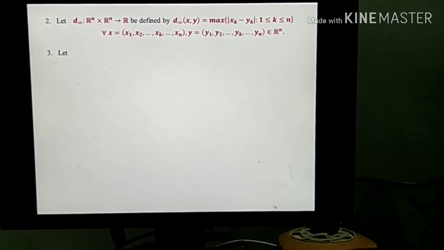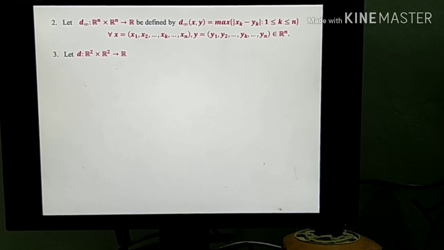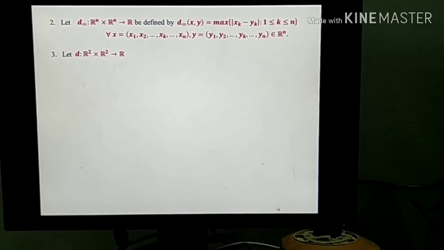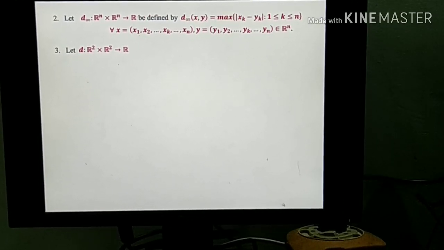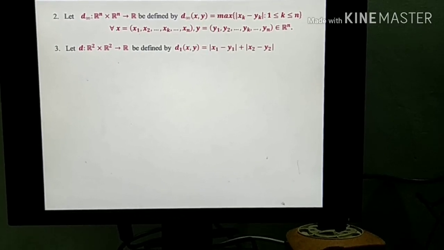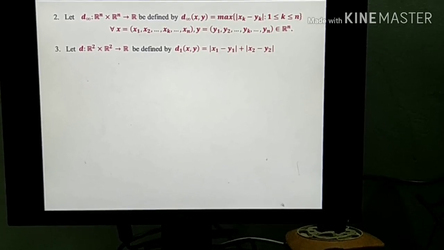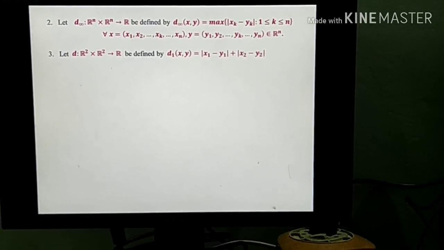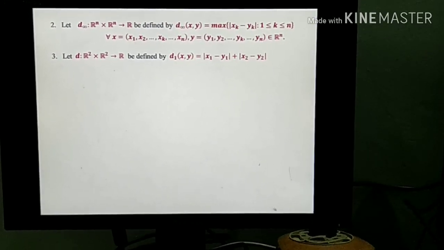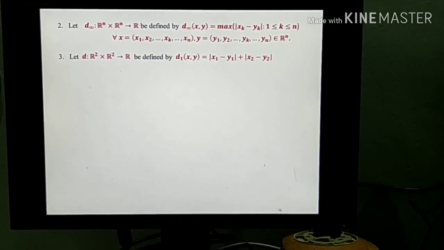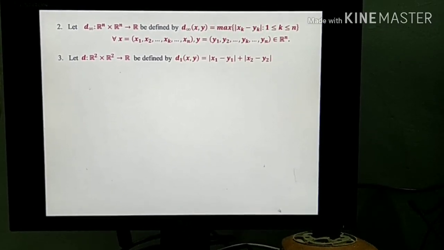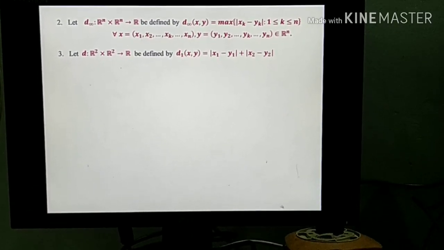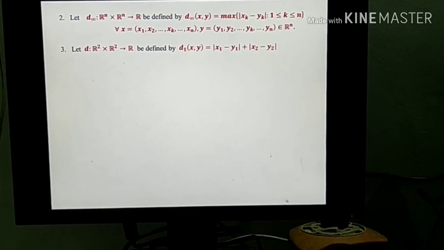Next, third example, let d from R2 cross R2 to R be defined by d(x,y) is equal to mod x1 minus y1 plus mod x2 minus y2. Actually, this is as good as the metric d1 given in the first example.